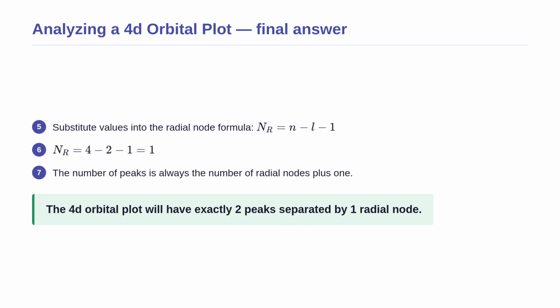To find the number of peaks on the graph, we simply add 1 to the number of radial nodes, giving us 1 plus 1 equals 2. The physical meaning of this final answer is that if you were to draw the radial probability plot for a 4d orbital, you would see exactly two peaks separated by a single point where the line touches zero, with the outermost peak being significantly taller.